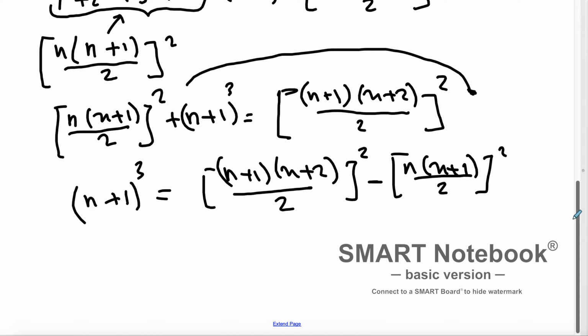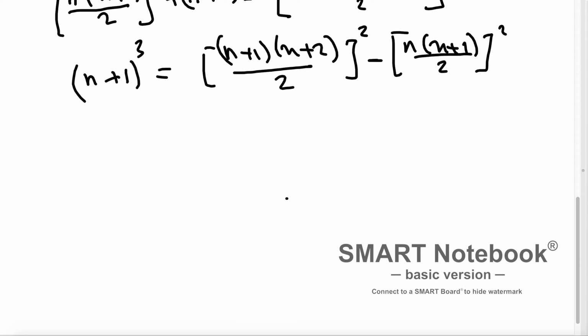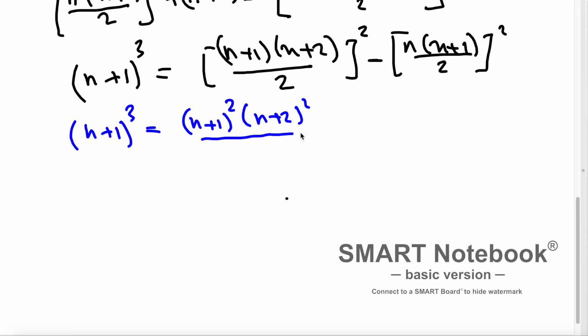And now let me make it a little bit easier. Let me take a different color. Here is n plus 1 cubic. It is equal, and if I'm distributing this square in everything, here is going to be n plus 1 square, n plus 1 square, and here is n plus 2 square, and this is going to be divided by 4.